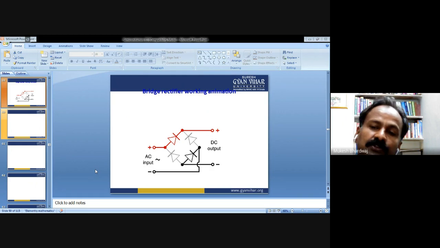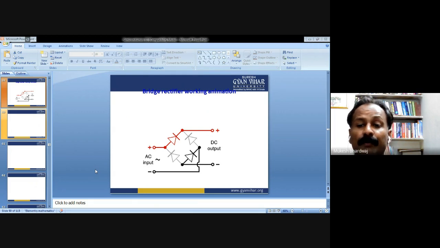Now, if we do the analysis for various parameters in the bridge rectifier, we find that IDC comes out to be 0.636 Im, and DC voltage comes out to be 0.636 Im into RL, and IRMS equals Im upon pi.